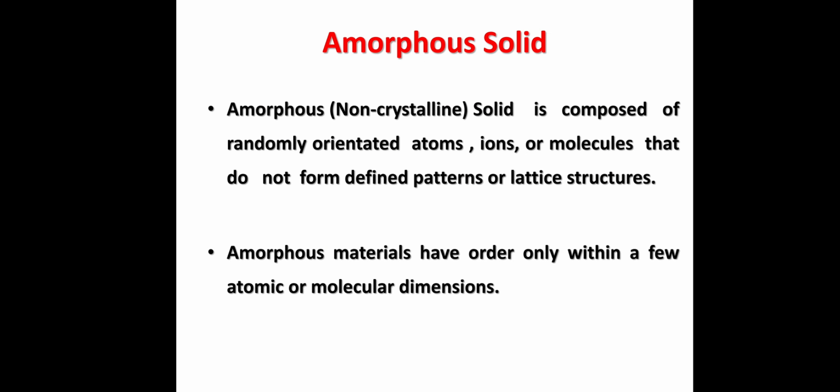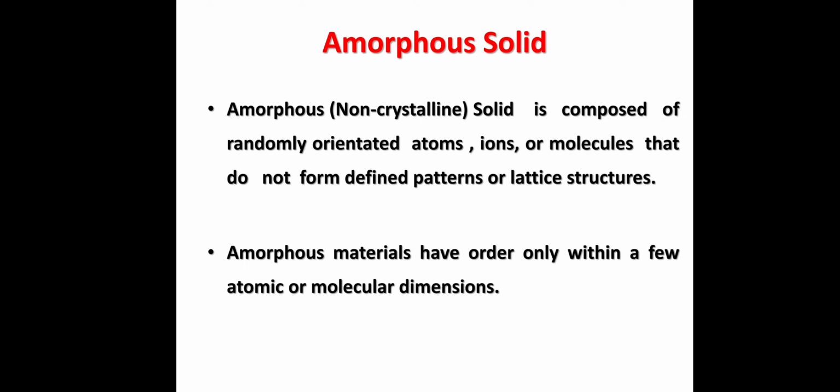Coming to the second category of solid, non-crystalline solids or amorphous solids. They are solids composed of randomly oriented atoms, ions or molecules that do not form defined patterns or lattice structures. So these materials have order only within a few atomic or molecular dimensions.